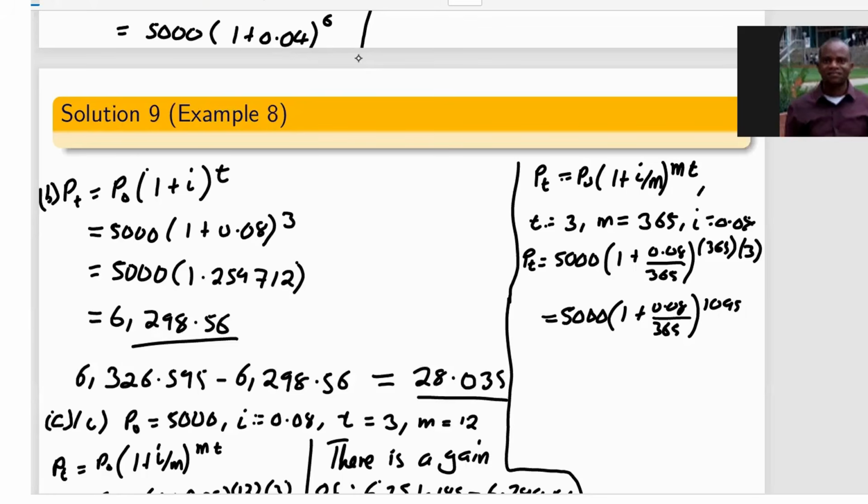Then I'm going to add 1, so in the brackets I'll have 1.000219178. Then I'll get this answer without changing anything. I'll power it to 1095. Then I press equal.